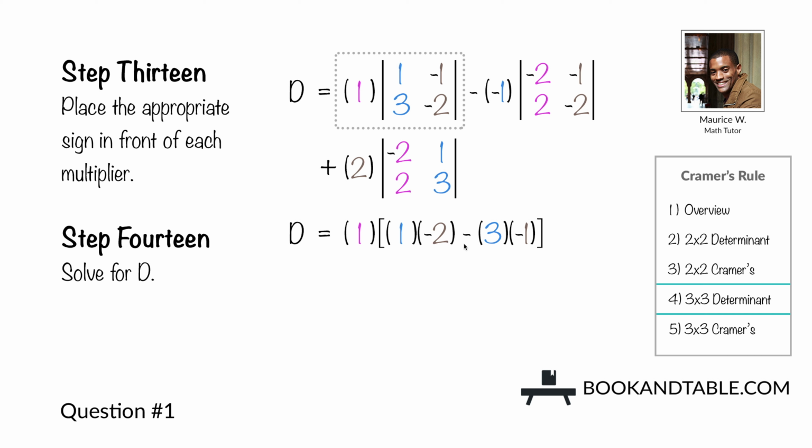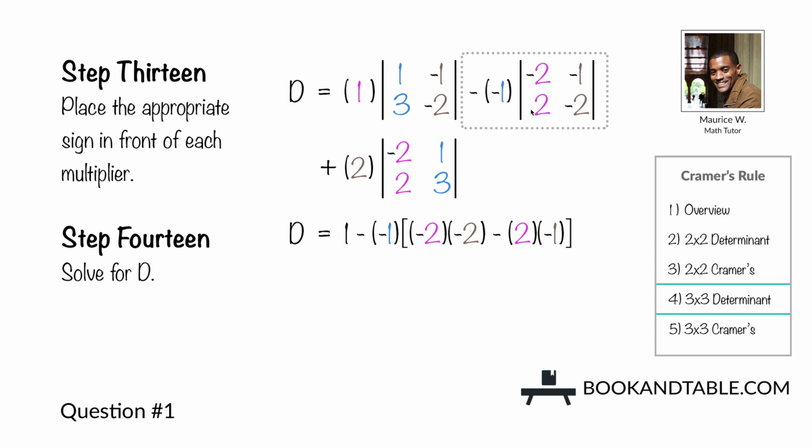Negative 2 minus negative 3 is equivalent to negative 2 plus 3. Negative 2 plus 3 is equal to positive 1. And 1 times 1 is equal to 1. So the first 2 by 2 gives us 1.